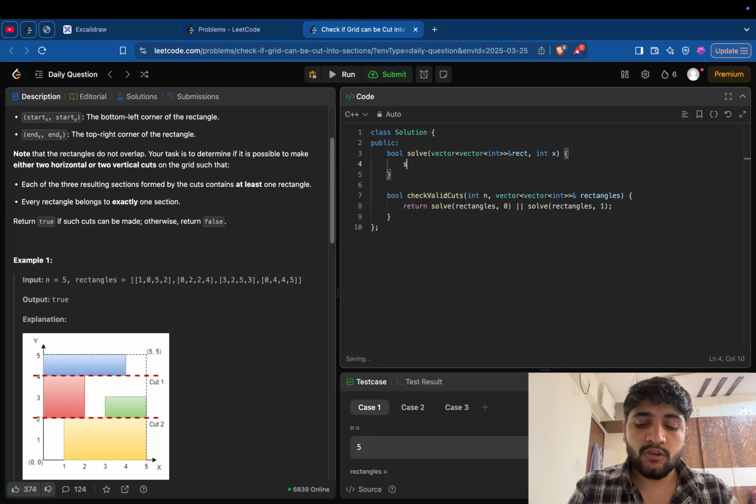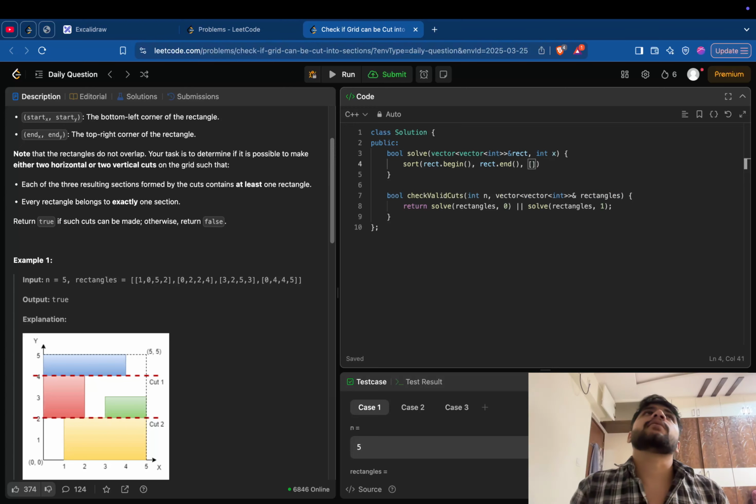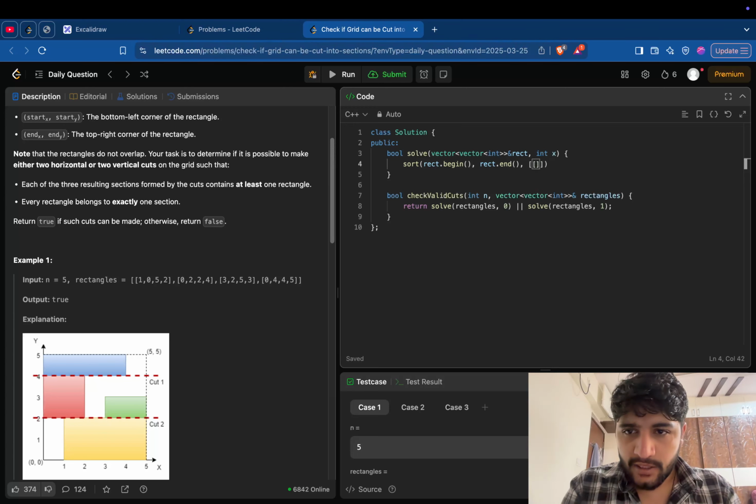So firstly we'll sort the rectangles array, rect.begin to rect.end, and if you know how to sort it on the basis of a particular element, it can be done in this way. I have kind of crammed it, so you can also remember how to do this.